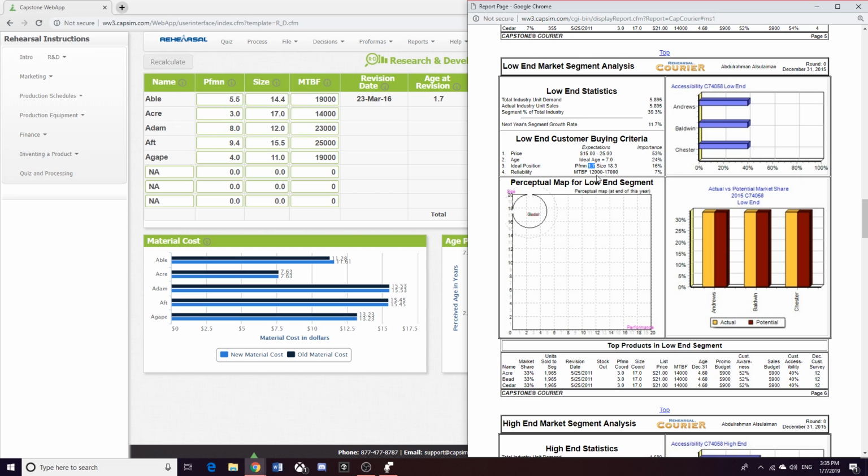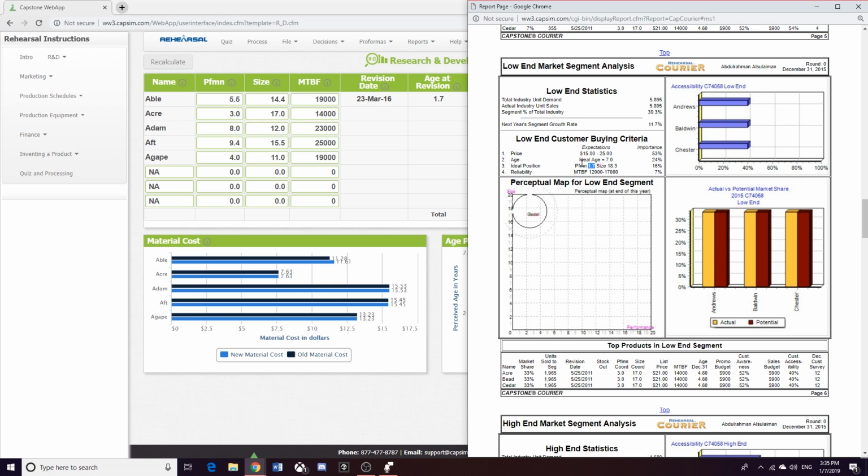Why? Because ideal position is not very important in the low-end segment. So you don't need to be exactly around the ideal position. It's only 16%. So as long as you have decent age and perfect price, customers are gonna buy it.